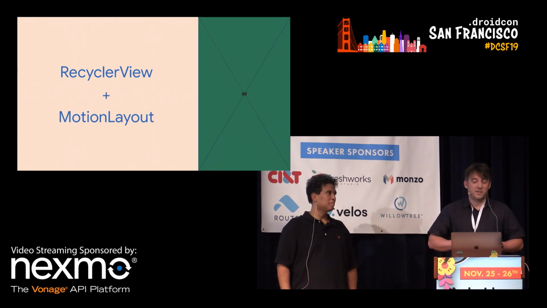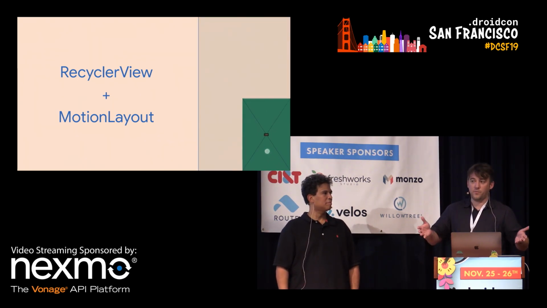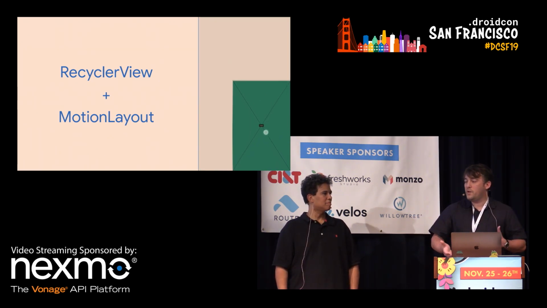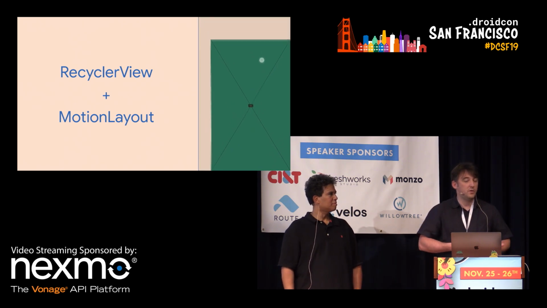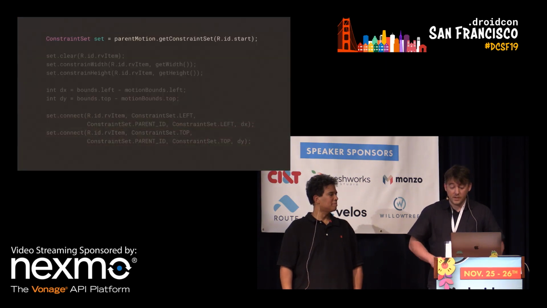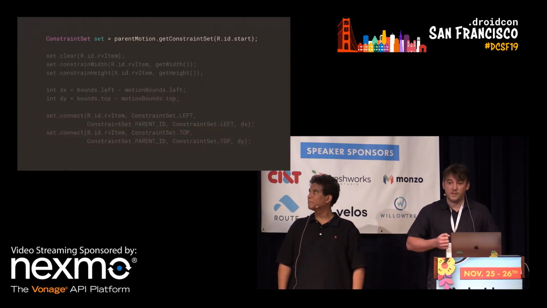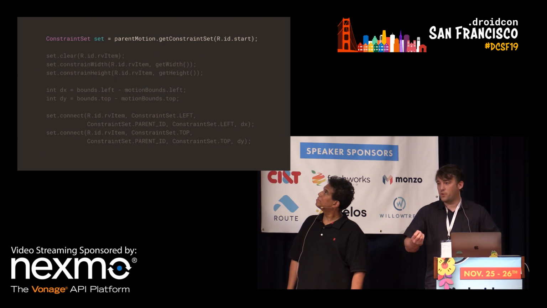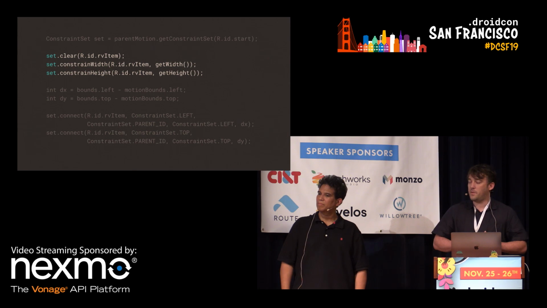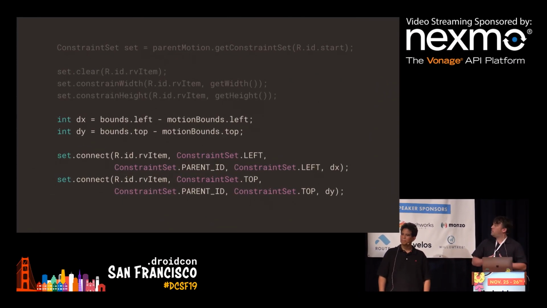So it's declared in your motion scene file, but in a relatively static way. That view is at a specific position in that file. The way you can then adapt it to the real position while you are running a RecyclerView for that item is by doing it programmatically. And it's not even very complex. You grab your constraint set that represents all the positioning rules for that state, clear up the couple of constraints that I had set in my file, basically ask the system for the actual position of the real object I want to move around, and reset those connections into the constraint set and reapply it.